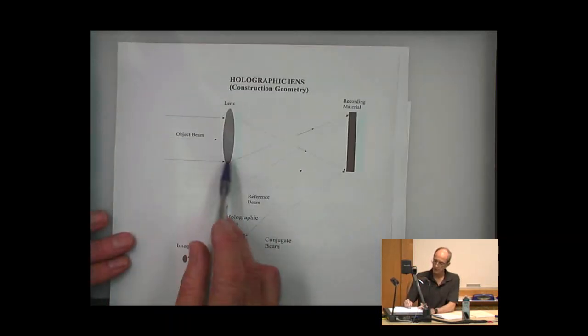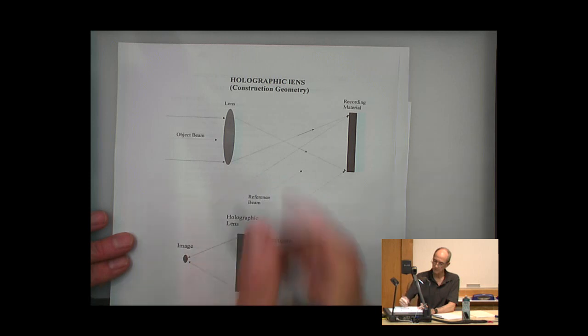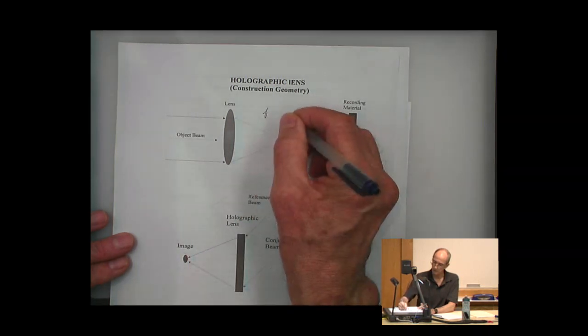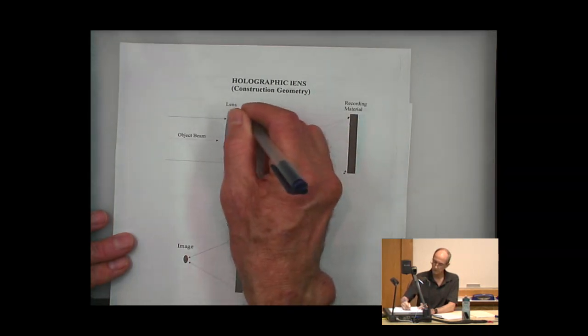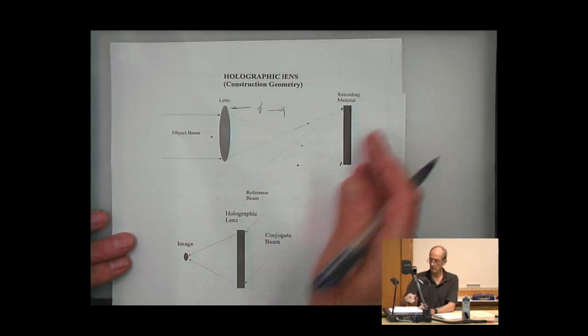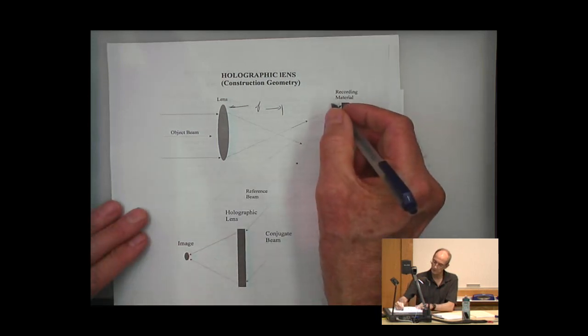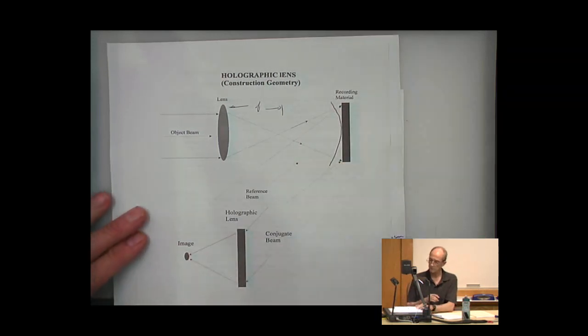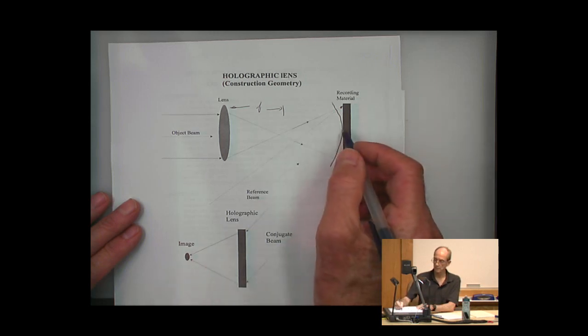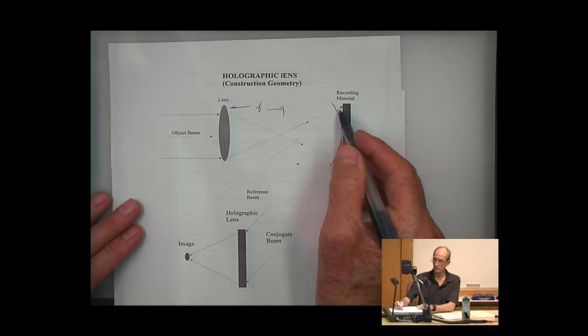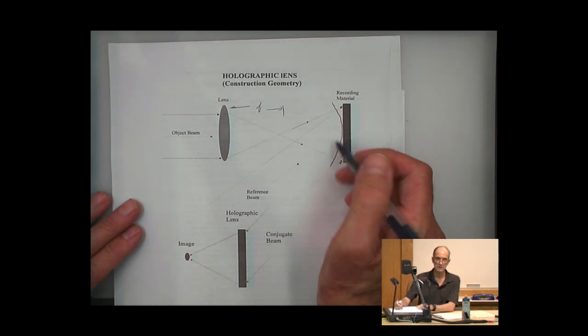So here's the geometry. We have some lens here that has some focal length, like so, and then we allow that beam to expand out. There's going to be a curved wavefront like that, and this is actually going to cause some problems for the exposure, because you're not going to be able to get a uniform or common exposure across the aperture.